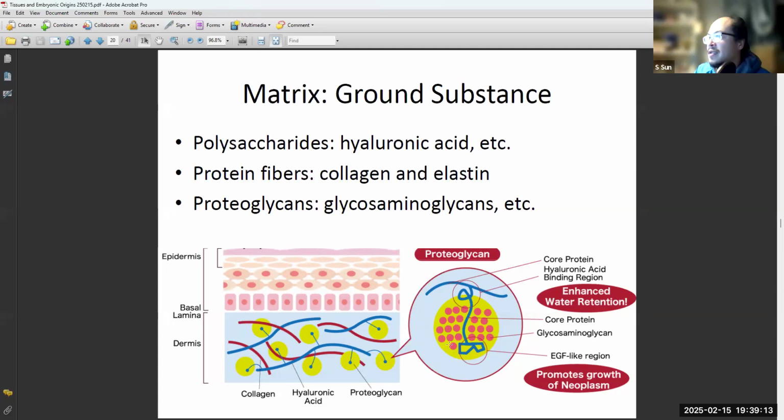These glycosaminoglycans include the sugar, amino is protein related, and the glycan.